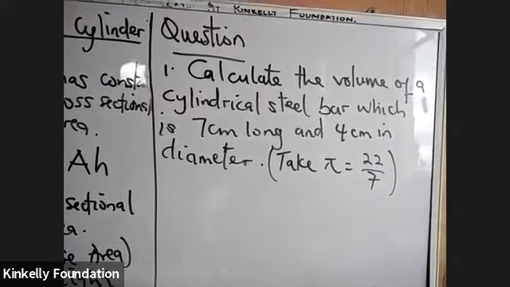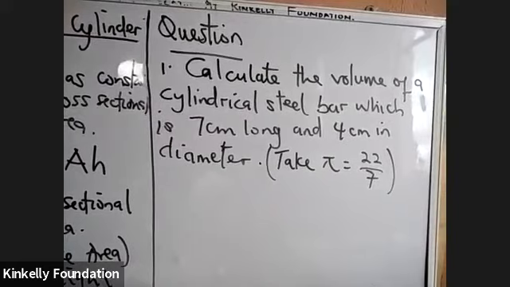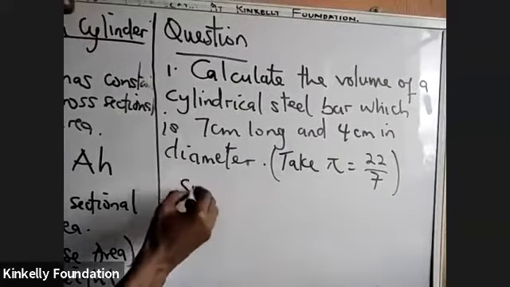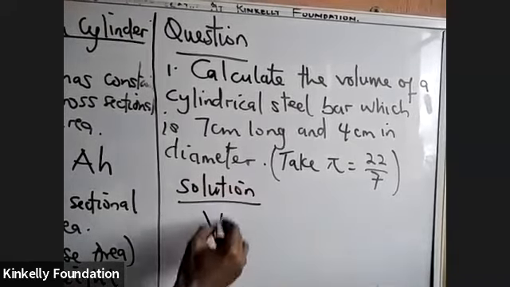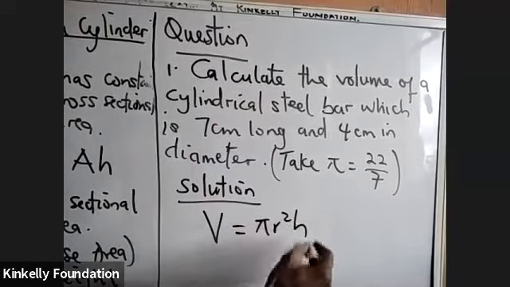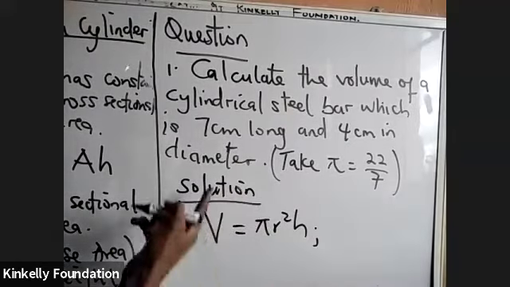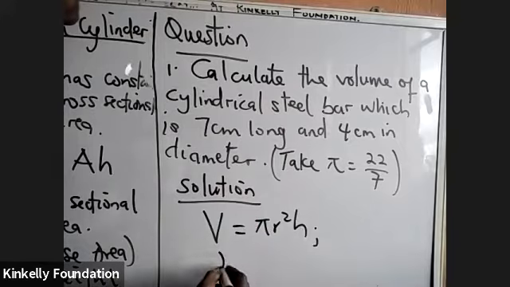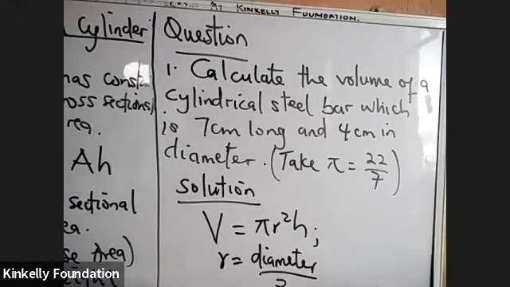Calculate the volume of a cylindrical steel bar, which is 7 cm long and 4 cm in diameter. Solution. The volume of a cylinder is given as pi r squared h. We are not given the radius, but we are given the diameter. We know that r is equal to diameter divided by 2.